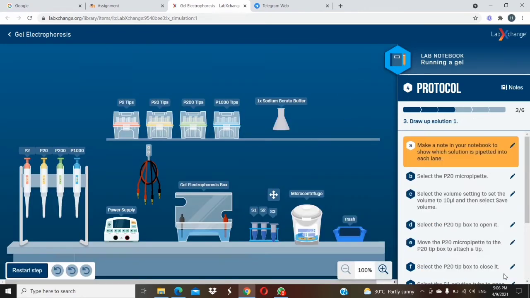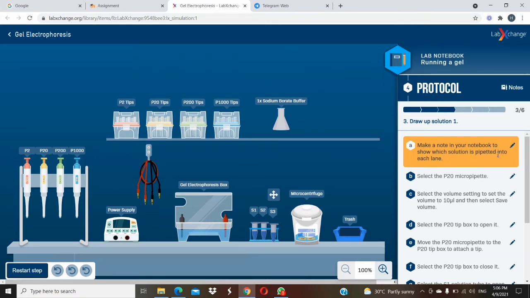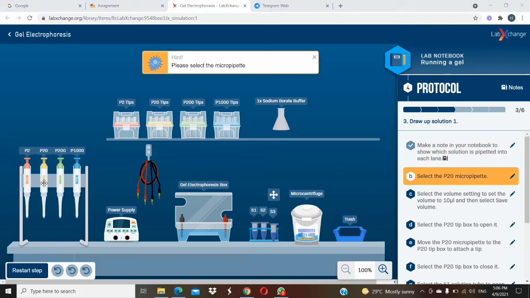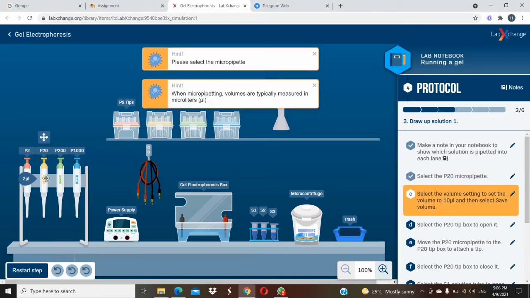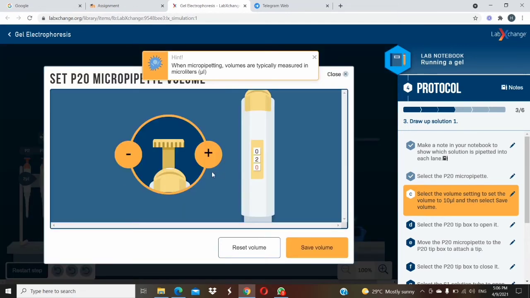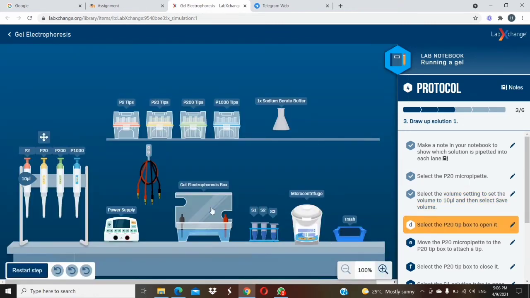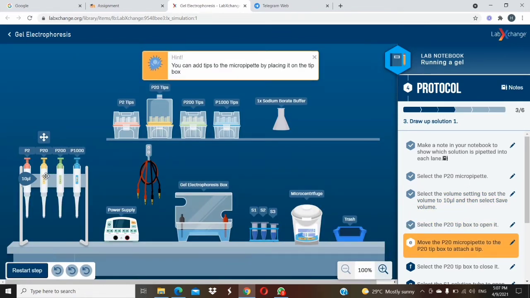Next, make a note to show which solution I pipette into each lane. Then select the P20 micropipette and set the volume to 10 microliters. Save the volume.